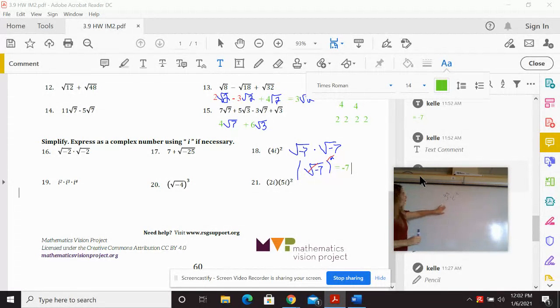That's 27. i cubed, if you don't know that it's negative i, you can go, okay, well, i times i times i. We know that i squared equals negative 1.